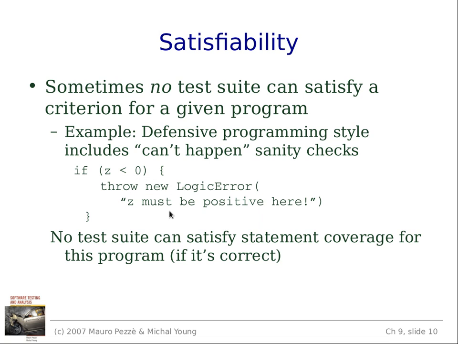But the idea is that if you're trying to do statement code coverage and you want to see what happens if Z is negative after this, well, maybe you can't do anything. Or furthermore, with the defensive code, maybe the check to make sure that it was positive was also up here somewhere. So there's no test case that you can use to actually get to this line of code. The point is that sometimes a test case may not be able to satisfy all your criteria.